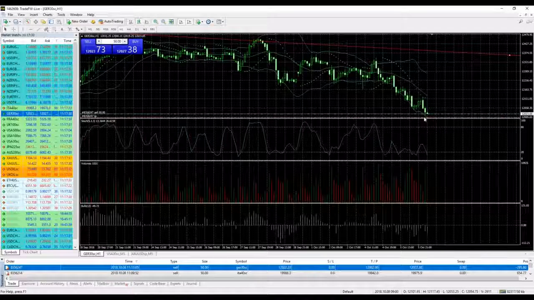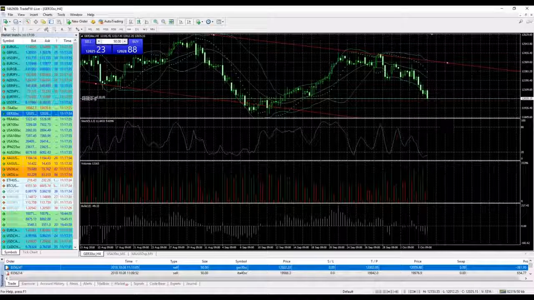At 12,002, we also have our Bollinger Band. So we will see if it will cross the Bollinger Band again or not. So guys, these are the two first trades for today.